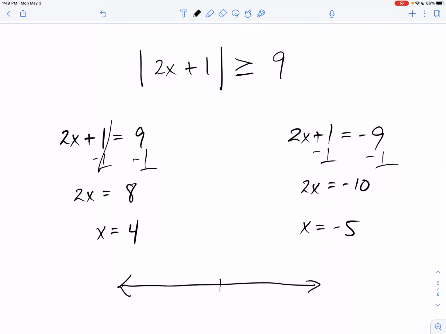which represents, here's my number line, 2 locations on this number line. Should I, for this symbol, color in my 2 circles or leave them open? And the answer would be color them in. So we color them in, and then we go, oh, well, it's the stuff between them.